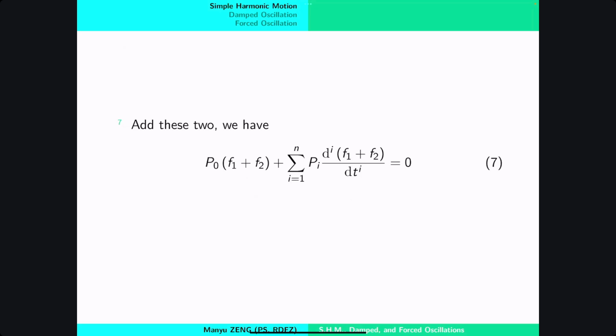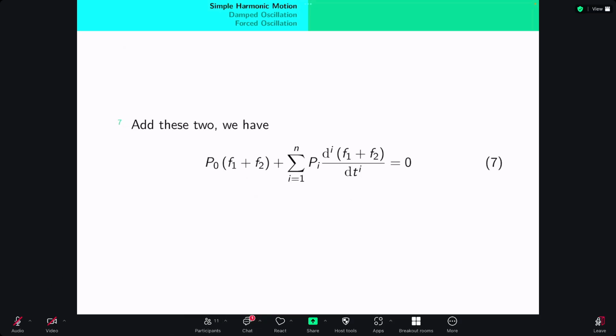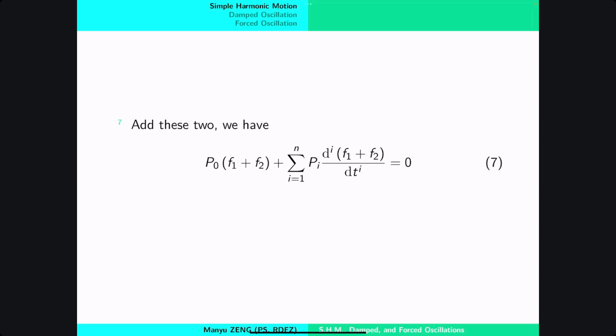The right-hand side term comes from the linearity of the differentiation operator, right? If you differentiate the summation of two functions, it is the same as the summation of these two functions differentiated respectively. No matter what the order of the differentiation is, it is always true.